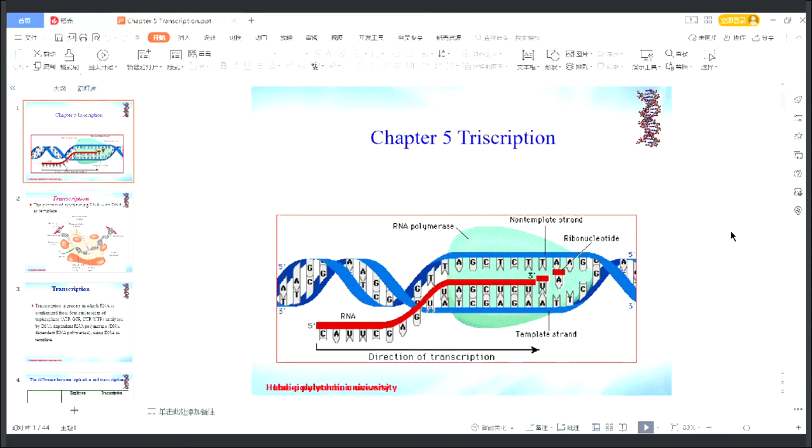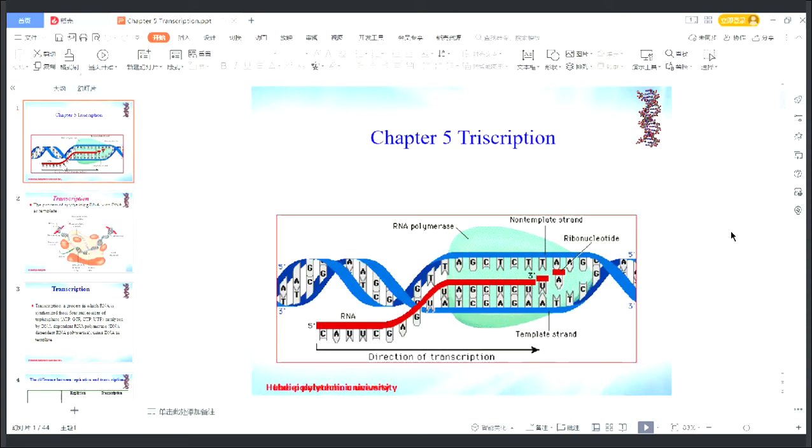Okay, and now you can see from this PPT, from this figure. The red string means the synthesized RNA. The blue string is the template DNA, the DNA helix structure. And from here, we see the nucleotides.